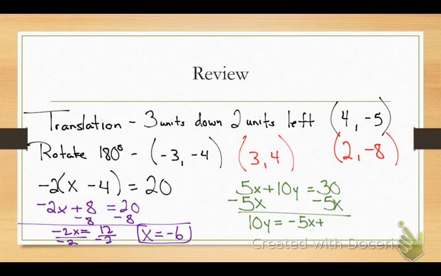Okay? So negative 5x plus 30. If you wrote 30 minus 5x, I will accept that on your test tomorrow. That's fine. What now do I divide everything by in the equation? 10, whatever's connected to y. 10 all the way across. Okay? So my answer is y equals negative 1/2 x plus 3.